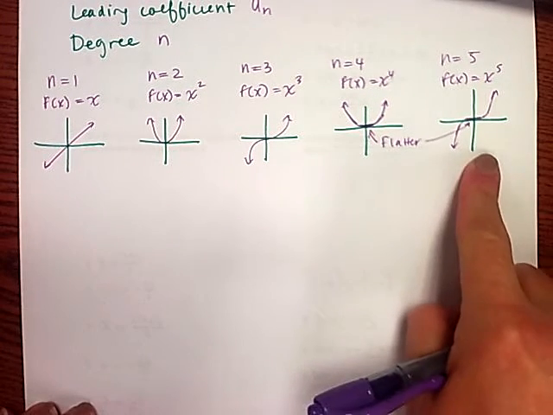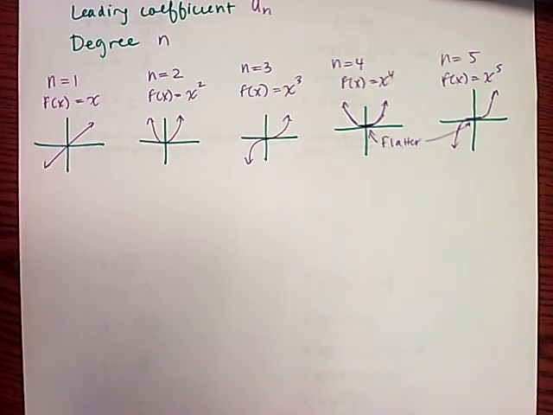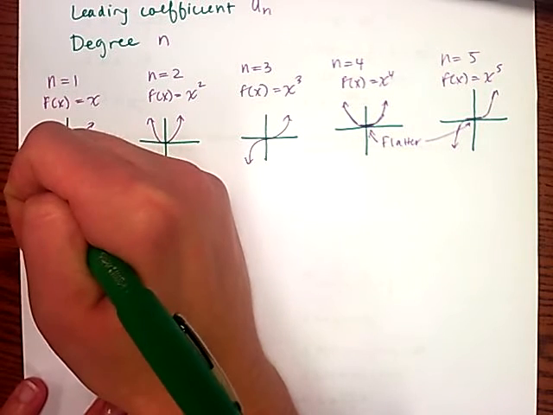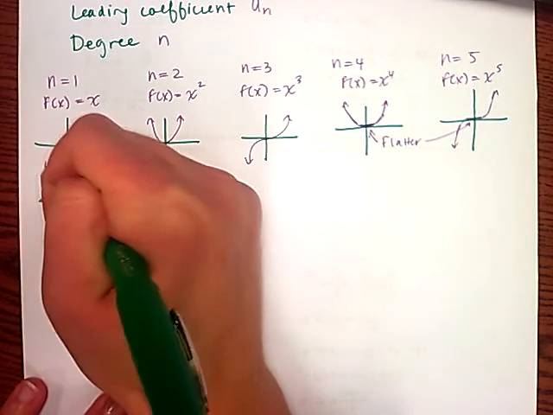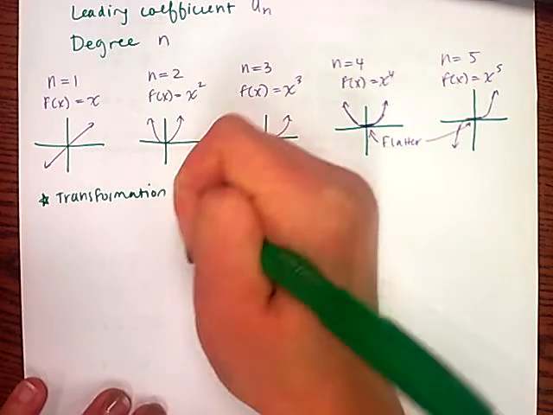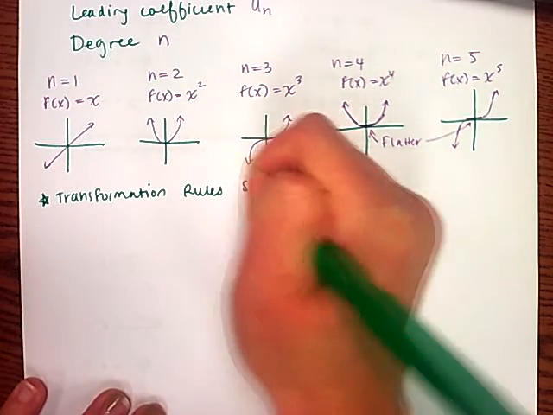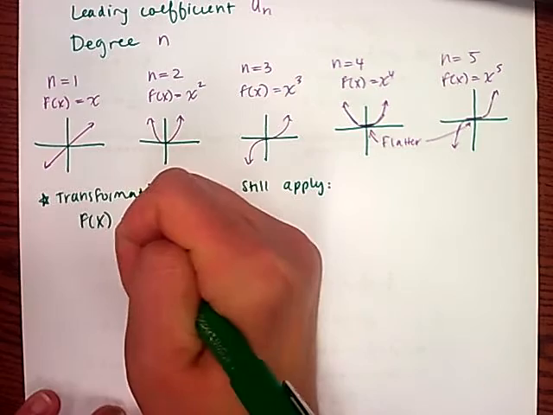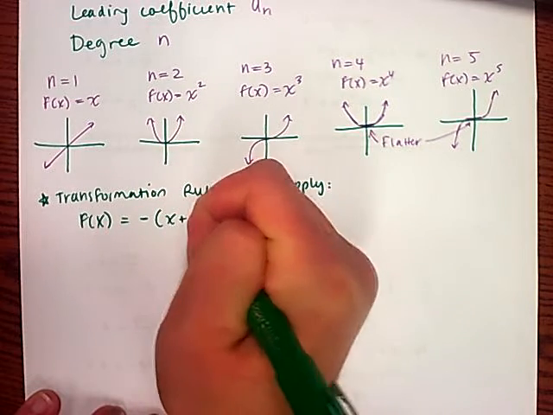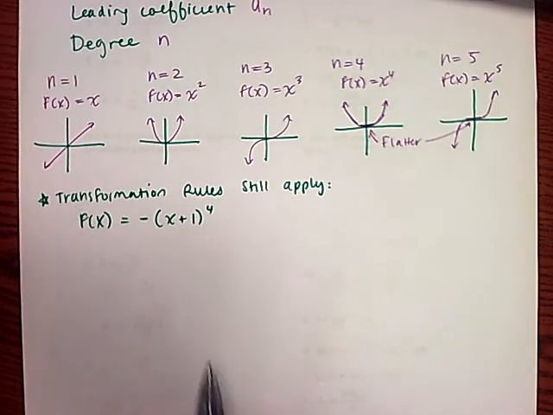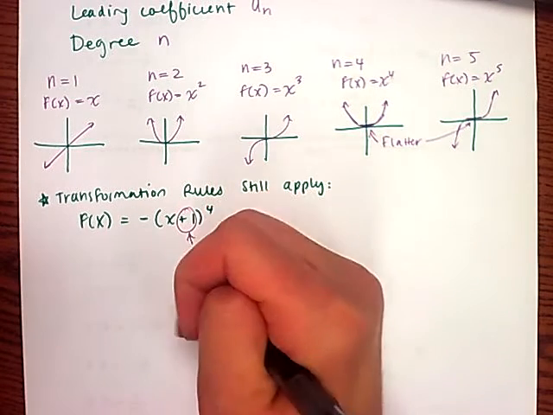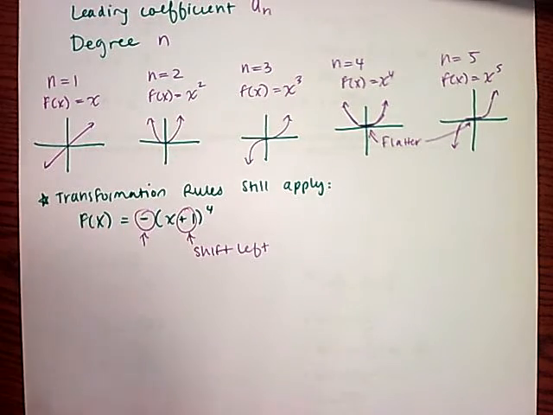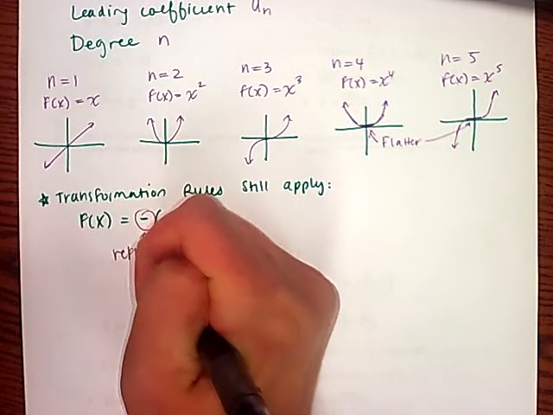One other thing I want to quickly mention before I talk about end behavior is if I'm thinking about these most basic versions of the function, then the transformation rules that we learned last year and talked about in our exponentials unit still apply. So if I gave you a function that looks like f of x equals, say, negative x plus 1 to the 4th power, you could say, well, I know that this plus 1 is going to be a shift left, and this negative out front is going to be a reflection over x.